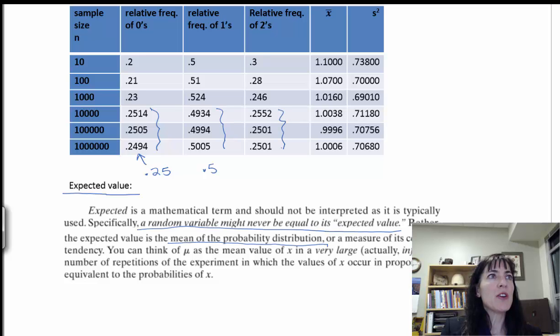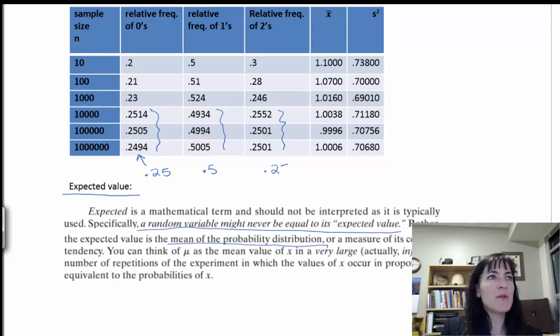And then on this last one, very close to 0.25, or 1/4 of the time, having two heads showing. And you can see that our mean for that large sample is basically 1.0. So these are all approximately, so I may as well put my approximately sign there. And then the variance is also very close to 0.71.